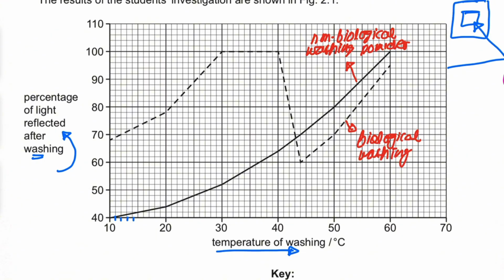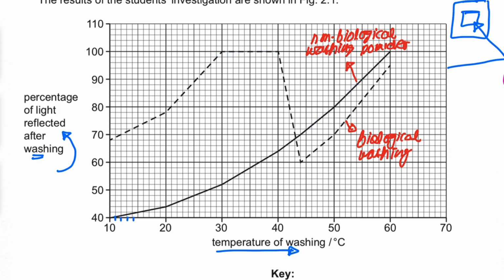Now, if I were to describe the graph, you see that biological washing powder and non-biological washing powder, both of them are successful at removing the stains because we reach a value of 100% in case of the biological and non-biological.